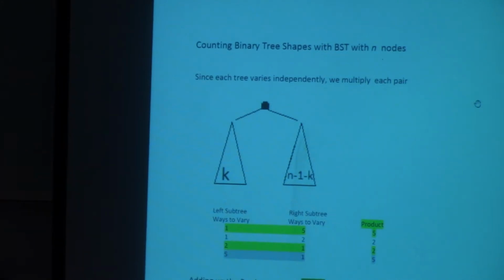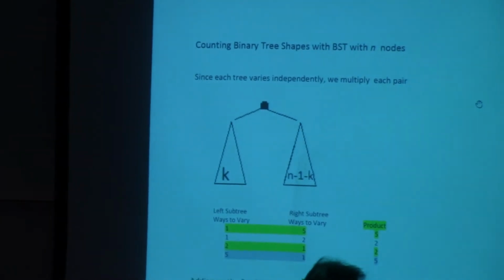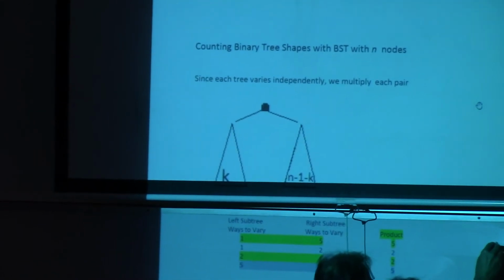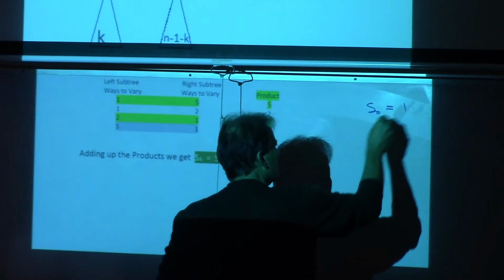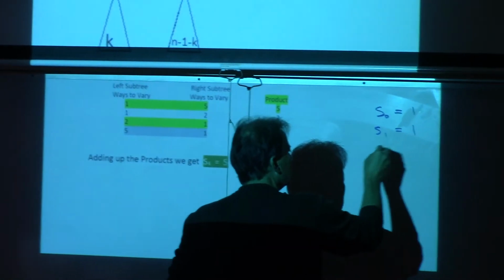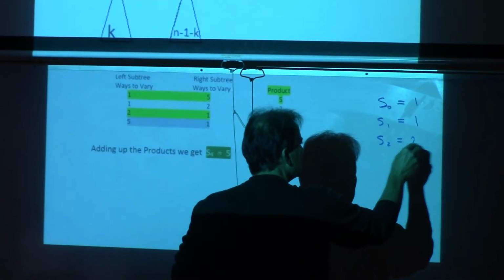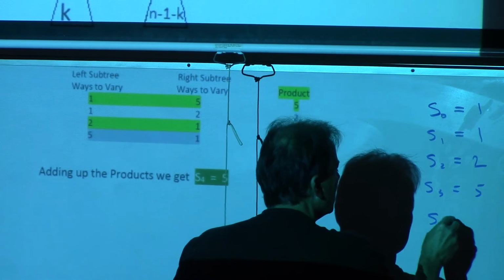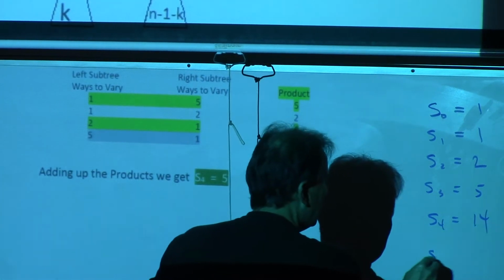S3. Okay, so let's take a look over here. And let's say we know that S0 is equal to 1, S1 is equal to 1, S2 is equal to 2, S3 is equal to 5, and now we know that S4 is equal to 14. And now I want to get S5.